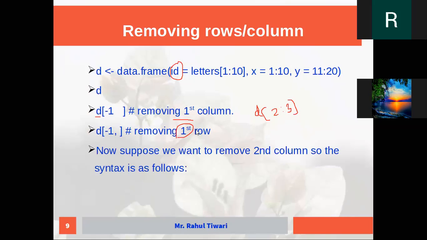Now, suppose we want to remove the second column. Understand the question. You want to remove the second column. The syntax is very simple. Now see how I have written the syntax. Removing the second column. Now something is wrong, I think.